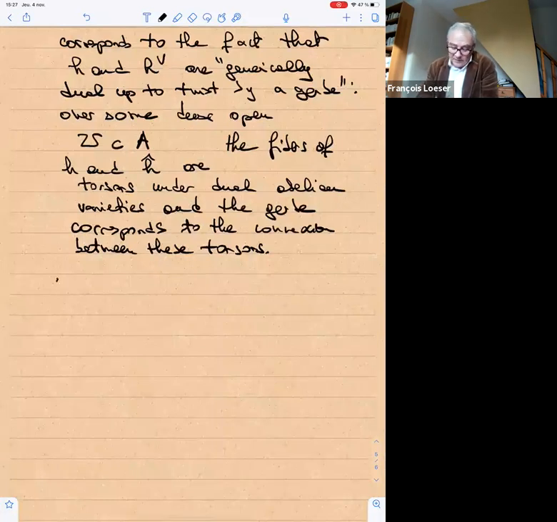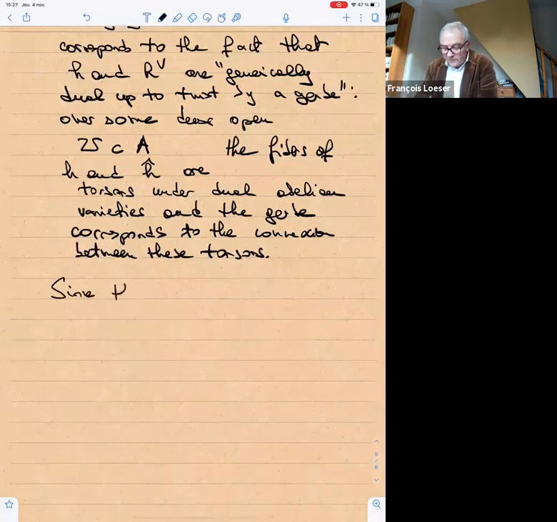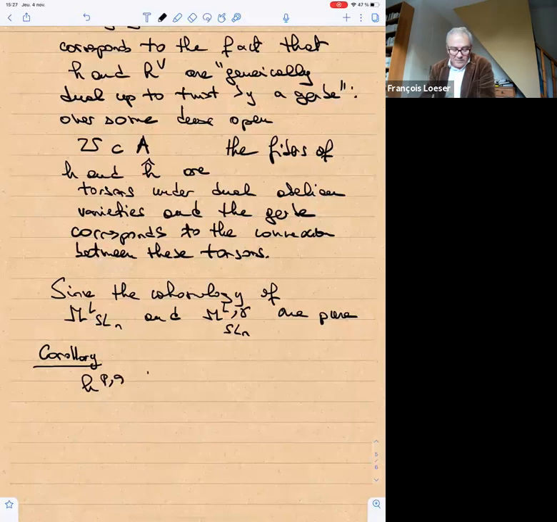And something important: since the cohomology of the two spaces on both sides are pure, we get an equality between Hodge numbers.